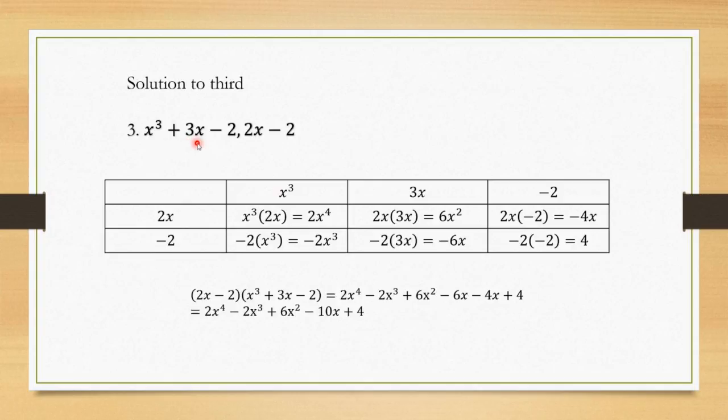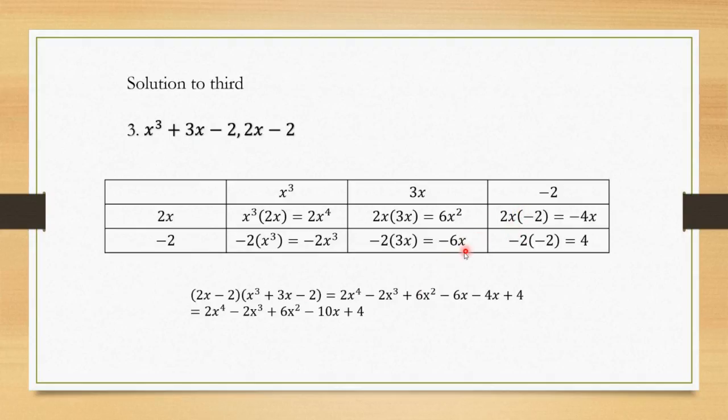We have one polynomial where each term gives us a column. The other polynomial, each term is giving us a row. Make sure, again, keeping the negative signs with the terms. I don't think I made a mistake here. Once you get the missing grid entries, you add. And it looks like the only like terms are these two.